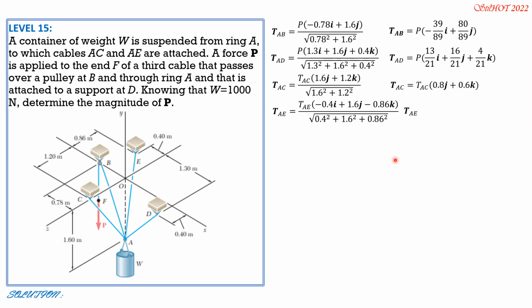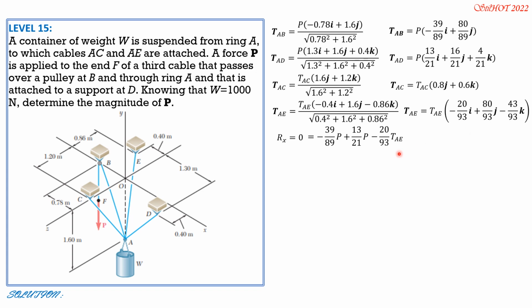Simplifying, tension AE is magnitude of tension AE times quantity negative 20 over 93 i plus 80 over 93 j minus 43 over 93 k. So to be systematic, Rx is 0 equals negative 39 over 89 P plus 13 over 21 P, then minus 20 over 93 tension AE.